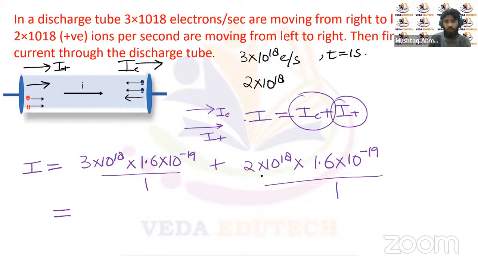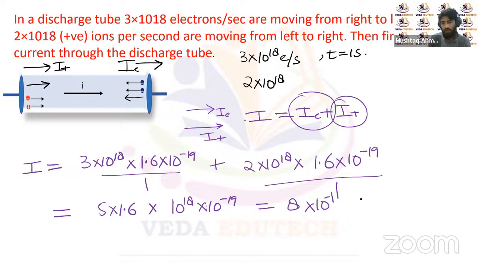So it will be 5 into 1.6 into 10 to the power 18 into 10 to the power minus 19. So 5 into 1.6 will be equal to 8, and 10 to the power 18 into 10 to the power minus 19 will be 10 to the power minus 1, or we can write it as 0.8 amperes.